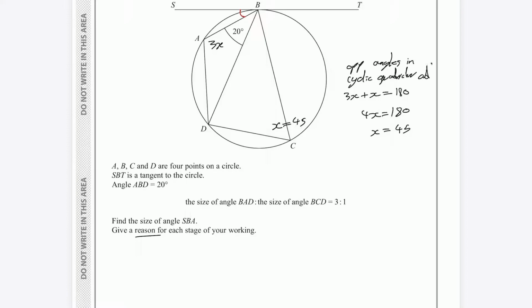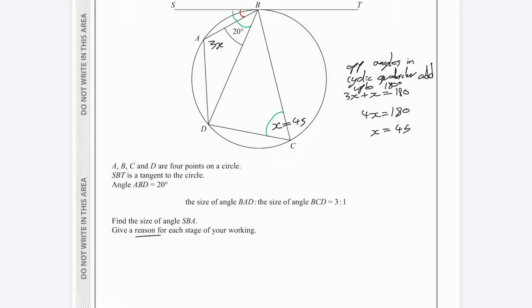add up to 180. So now that we have this angle, we can also notice the alternate segment theorem with this chord here. So we know that this angle here is going to be equal to this angle here. So if I just draw that one with a different color, this angle here is going to be equal to this angle here.